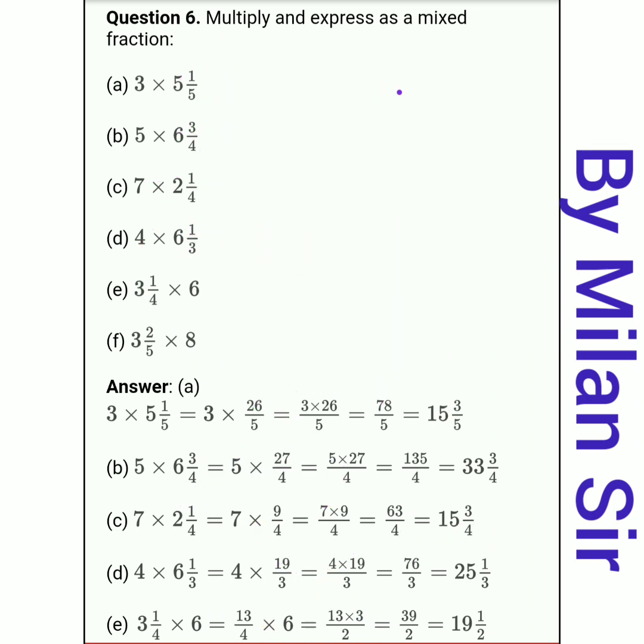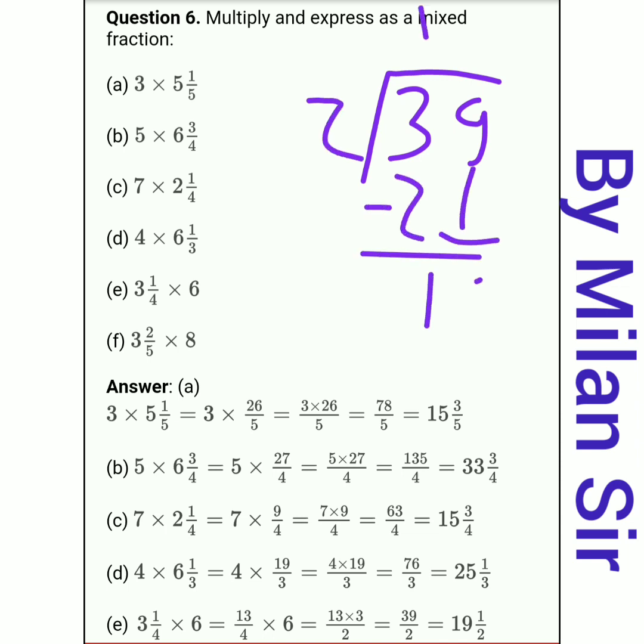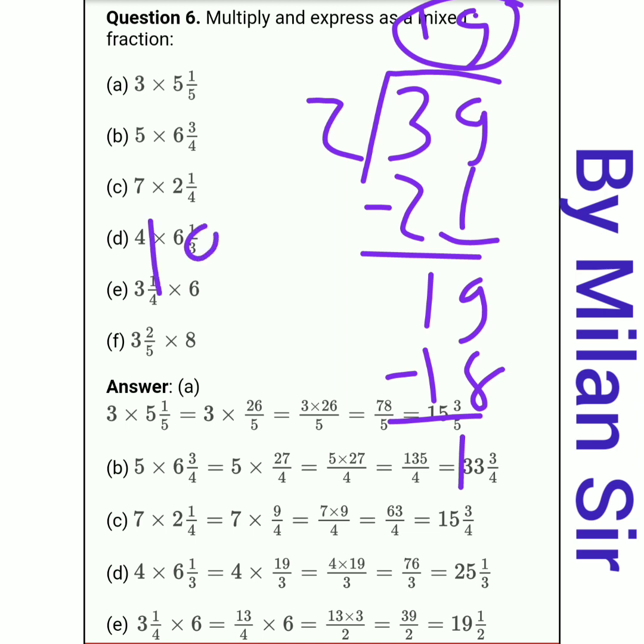So we can convert it into a mixed fraction. 2 ones are 2, here 19, 2 nines are 18, remainder 1, right? So the final answer is this integer part 19, then remainder 1 in the numerator and denominator 2 as it is. So our final answer is 19 integer 1 by 2.